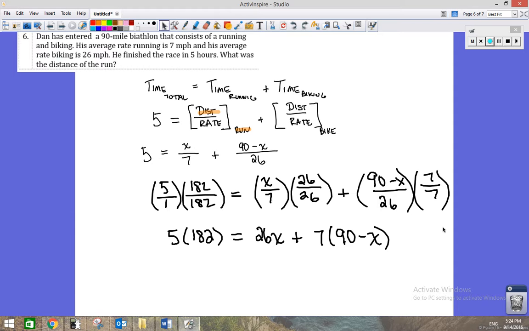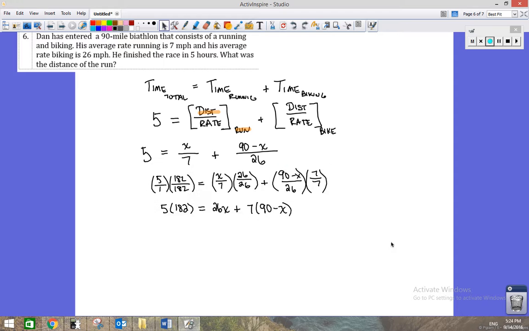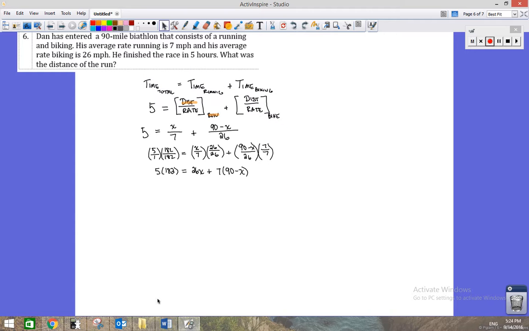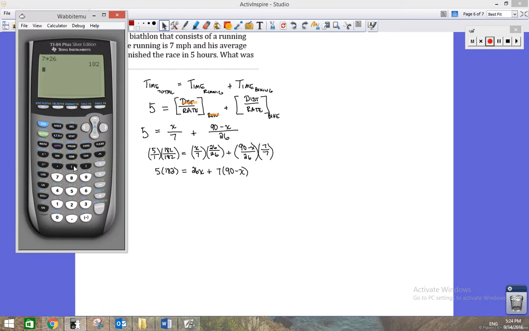I'm going to shrink this up so I can have more room to write. Pull up my calculator again. 5 times 182 is 910.